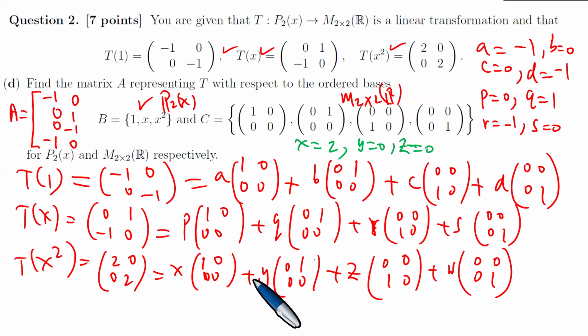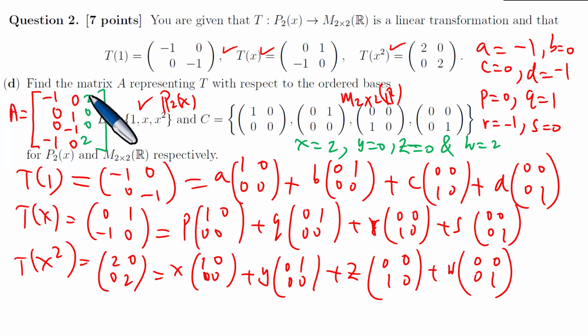And then W is 2. So X is 2, Y is 0, Z is 0, W is 2. Check that one. Yes, it's exactly the answer your lecturer got.